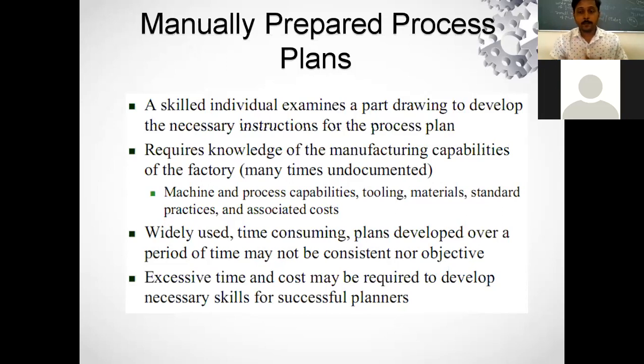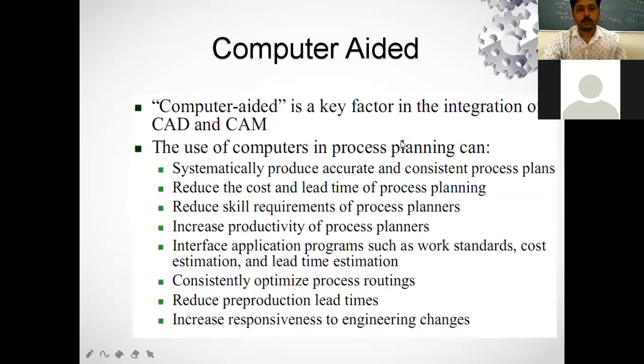Here comes the need for computer aided process planning. To avoid these things and remove them from industry, we use computer aided process planning. So basically, what does computer aided process planning do? It is a key factor in the integration of computer aided design and computer aided manufacturing.